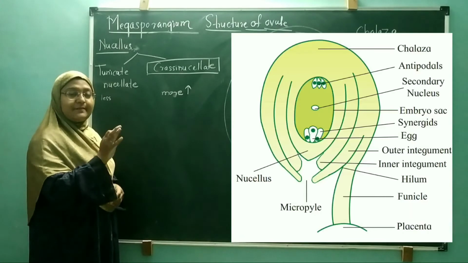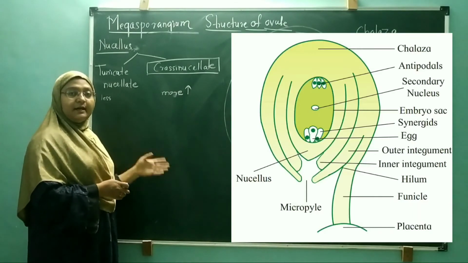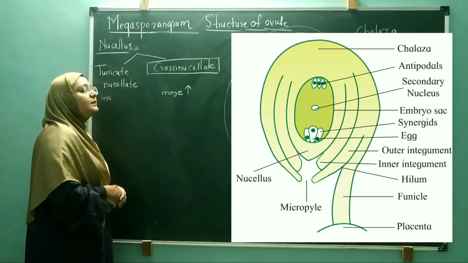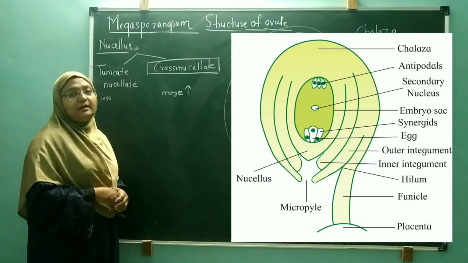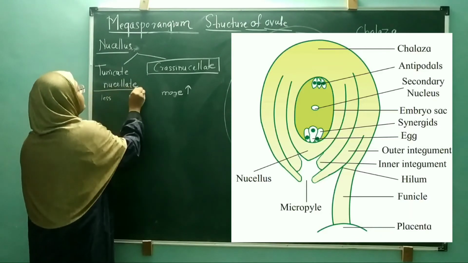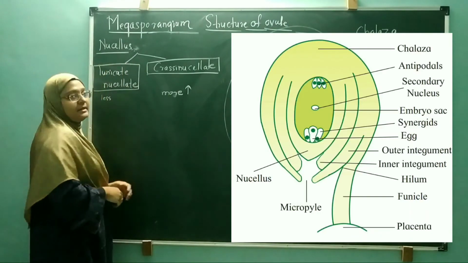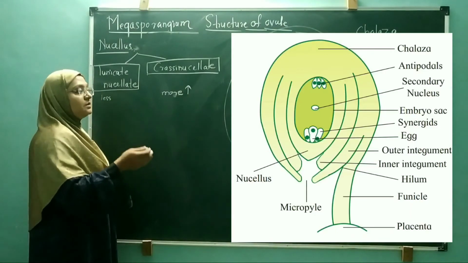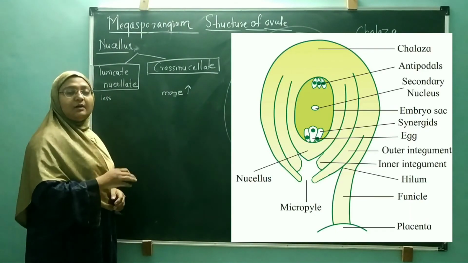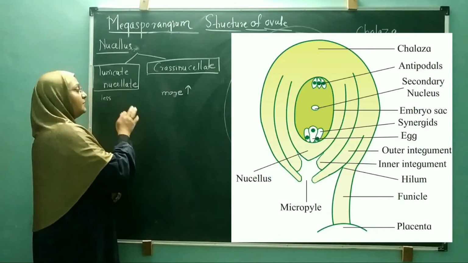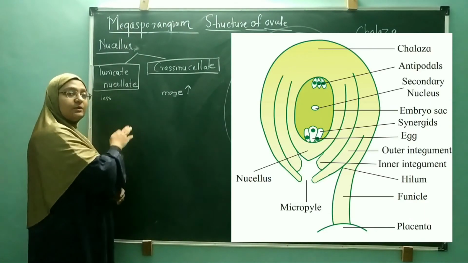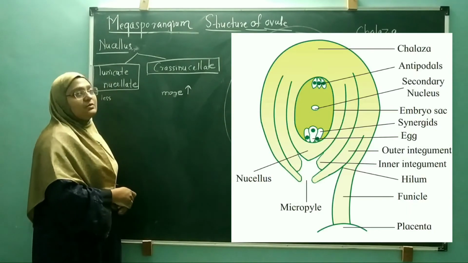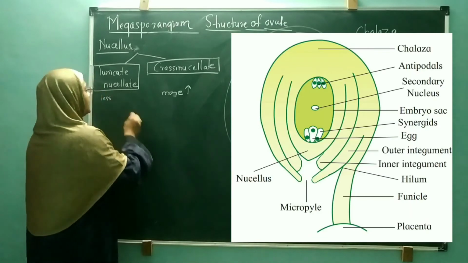But if a small amount of nucellus remains inside the ovule, that kind of ovule is called tenuinucellate. If more is present, that is called crassinucellate. Next this one is the embryo sac.